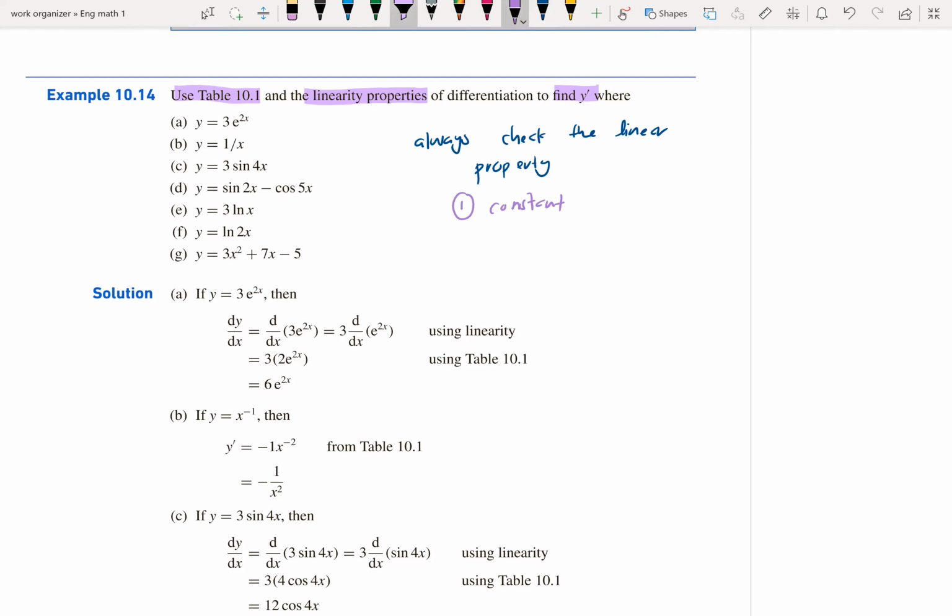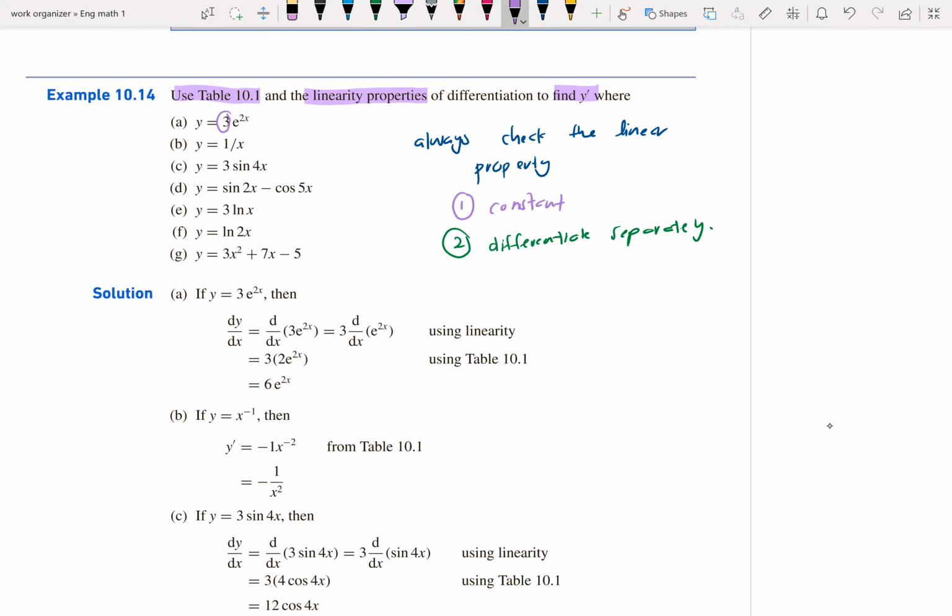Second, check whether we can differentiate separately. In this case there is a constant here.